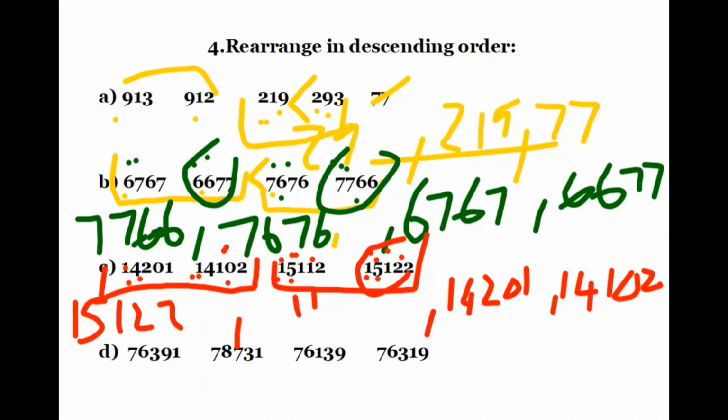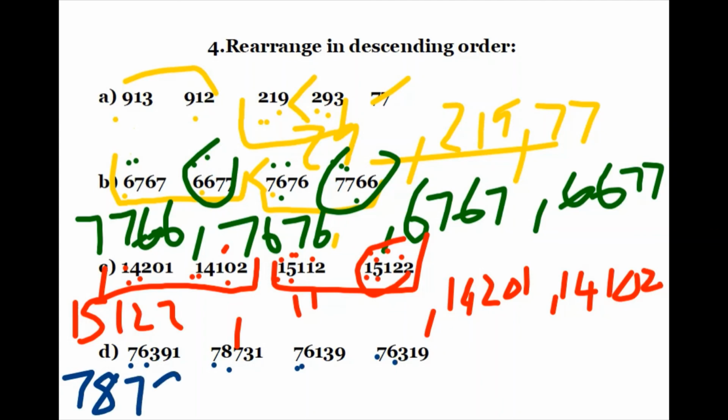d. How to do d? All our numbers have the same number of digits. So we move on to step number 2, 7, 7, 7, 7. Great. Next number 6, 8. Okay, 6, 6. From looking at this, we can see that 8 is the bigger one. 8 is bigger than all the 6s, so this one is the first number.